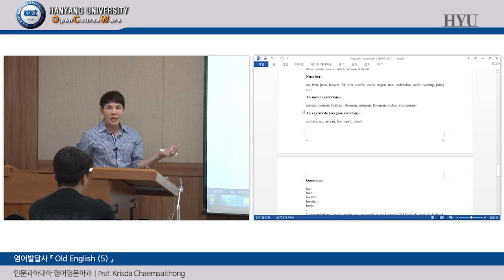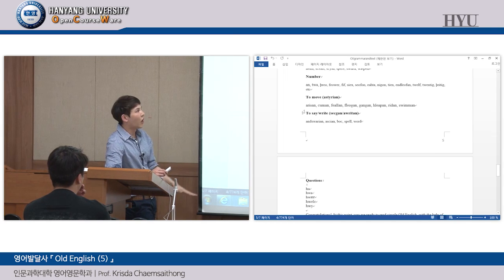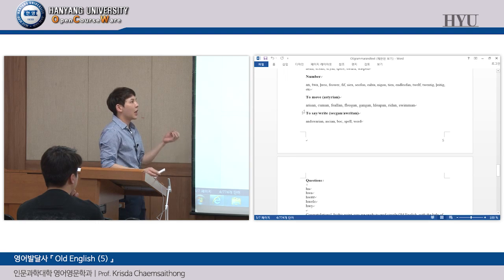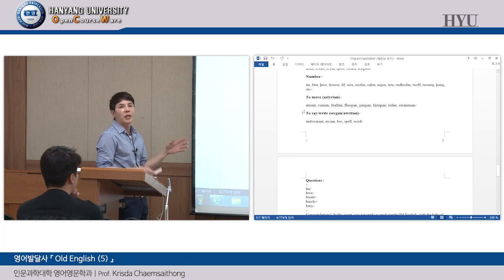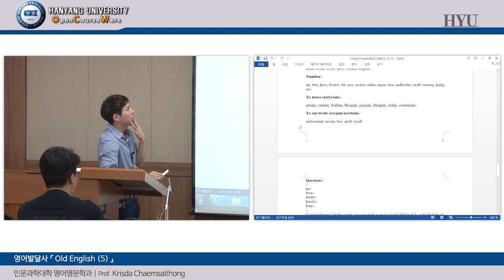Arisan, arise, right? Cuman, to come. Feallan, to fall. Fleon, to flee from some place. Gangan, gang is go, right? Gangan, to go. Hleapan, to leap, to jump. Ridan, to ride. Swimman, to swim. Very easy, right? Because they sound alike.